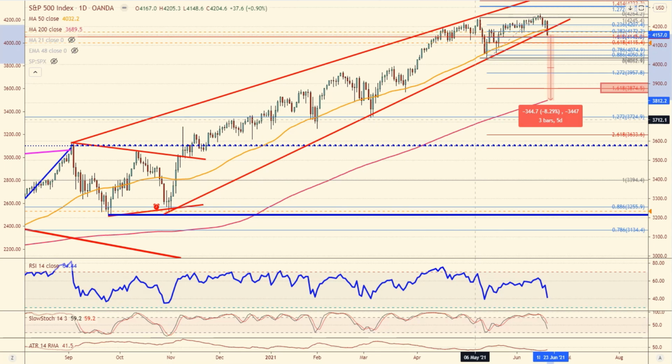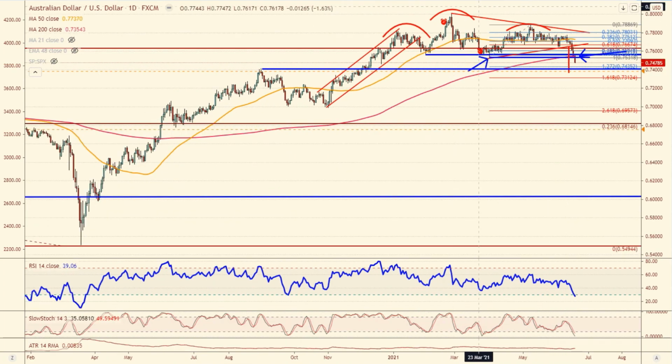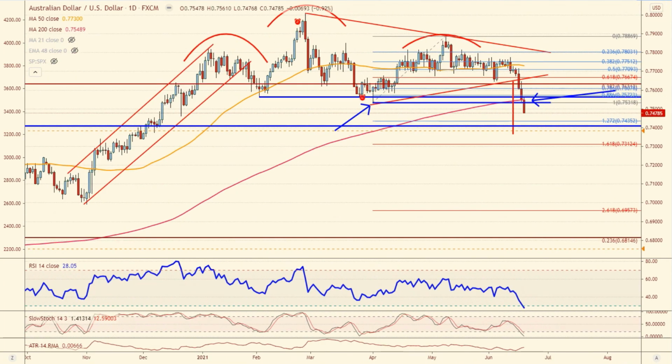If we see something like that, you're going to start to see the dollar really strengthen against currencies like the Aussie dollar, which broke out of a triangle formation and could indeed have a lot further to drop. You extend this full triangle.